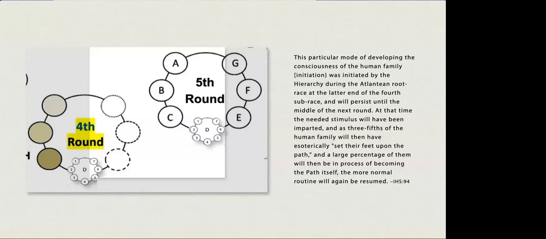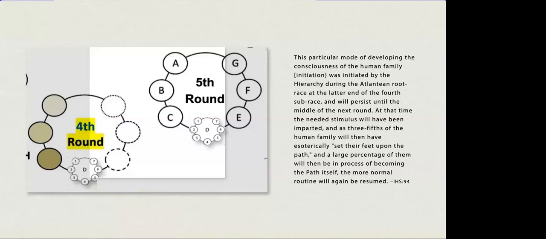This particular mode of developing the consciousness of the human family, initiation, was initiated by the hierarchy during the Atlantean root race at the later end of the fourth subrace and will persist until the middle of the next round.